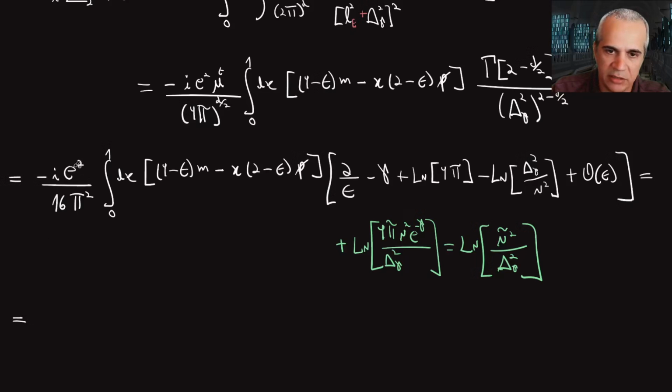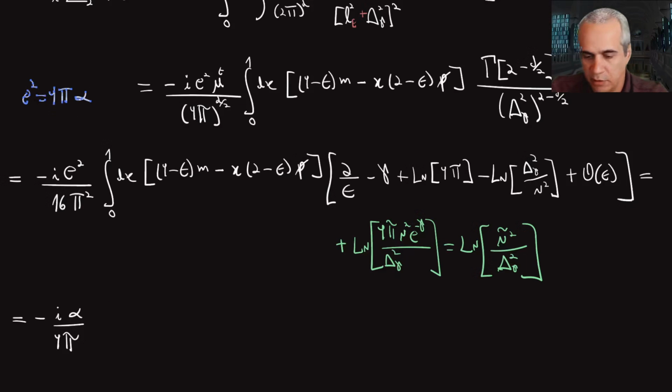This one I can just remember: e squared is 4 pi alpha, so I can put that here, and it will be just minus i alpha over 4 pi, because there's a factor of 4 pi that I absorb up there.